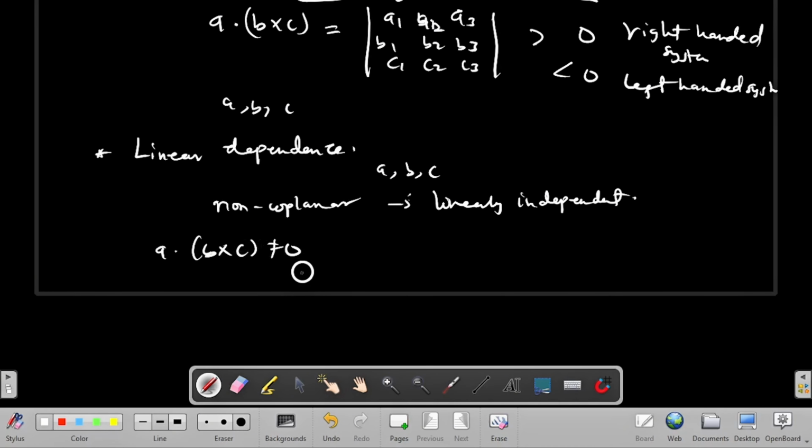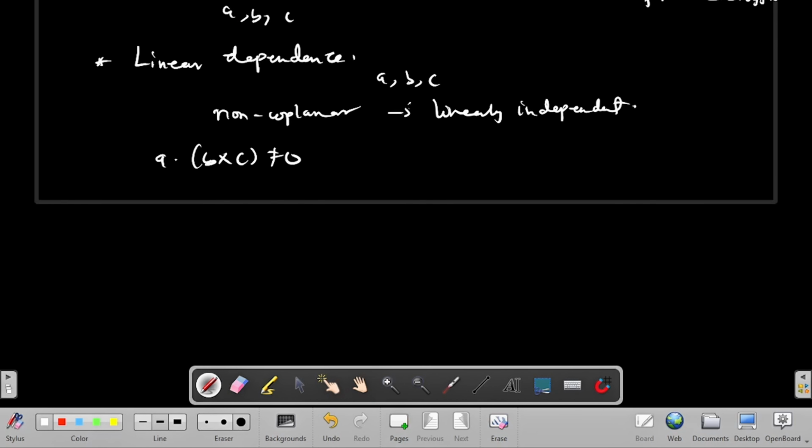If you find the triple product of three vectors and it is not equal to 0, then these three vectors are said to be linearly independent. But if it happens to be 0, then they are linearly dependent.